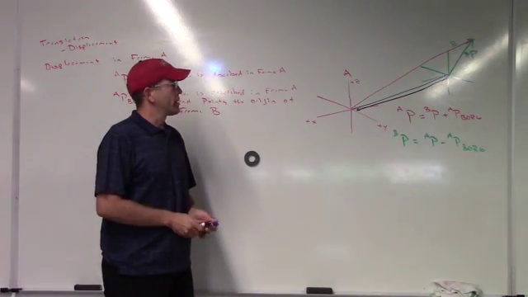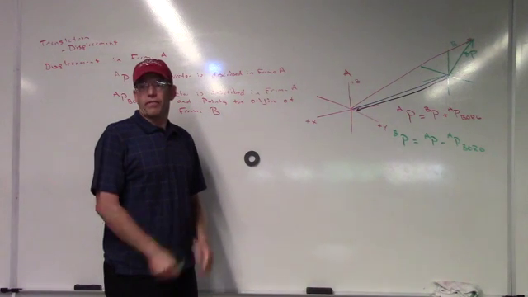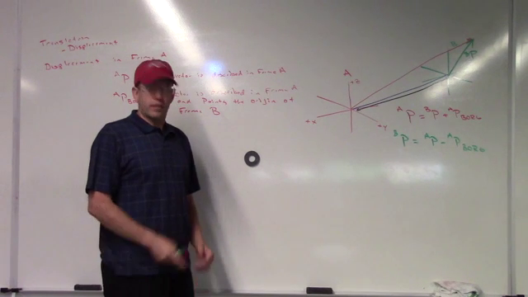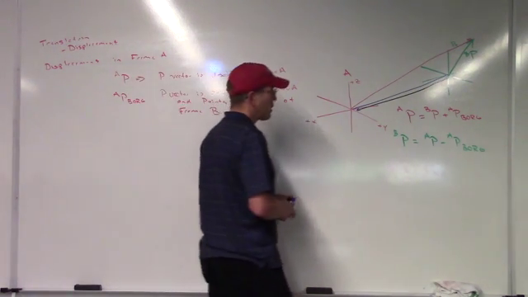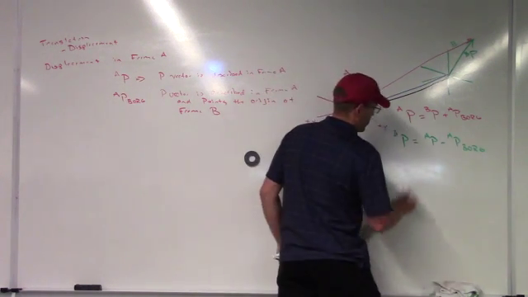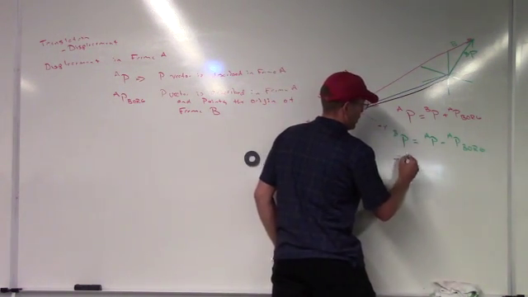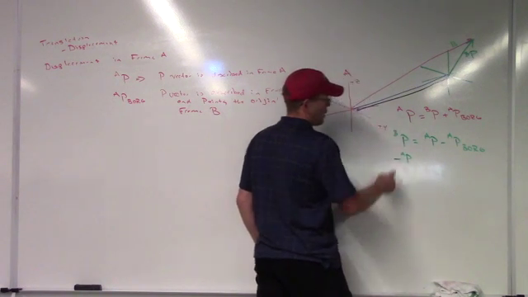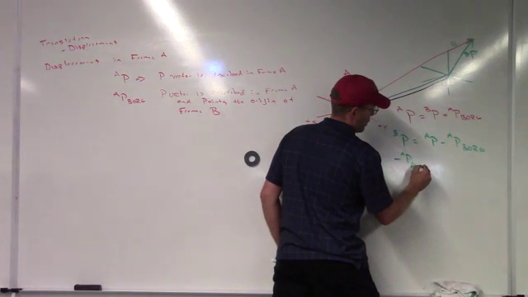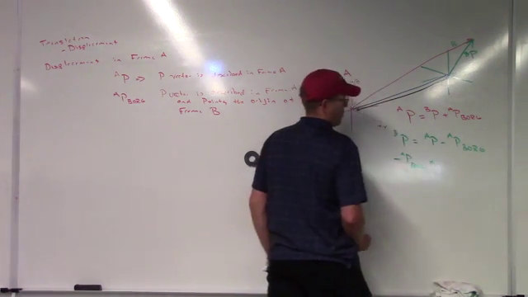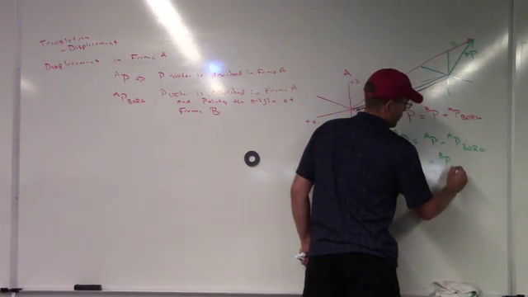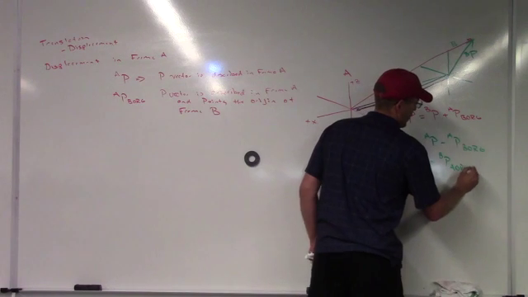What's minus the position vector in A pointing to B? We could say that this position vector described in A pointing at B is the same as the position vector described in B that's pointing at the origin of A.